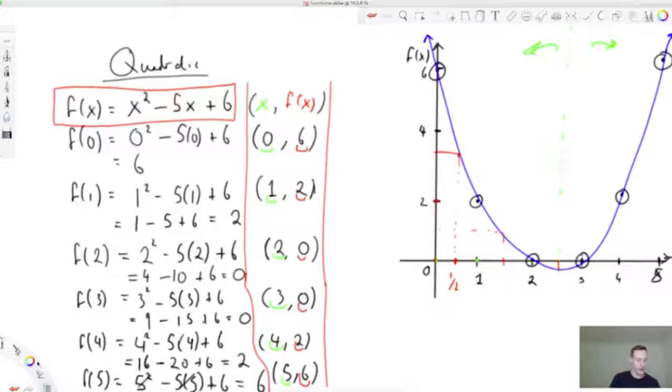Okay, for those values. The next thing to realize is that this tail of the function goes up forever, and this tail goes up forever here, on this side. So both the tails go up forever. But this function has a minimum value. It has a value that it never goes below.